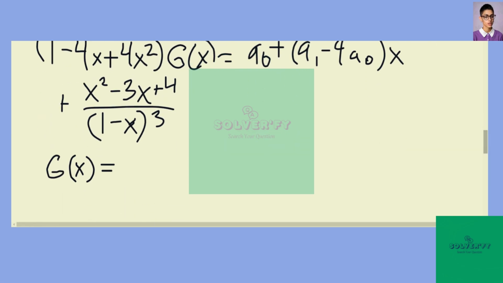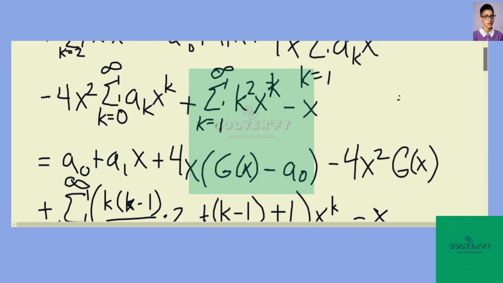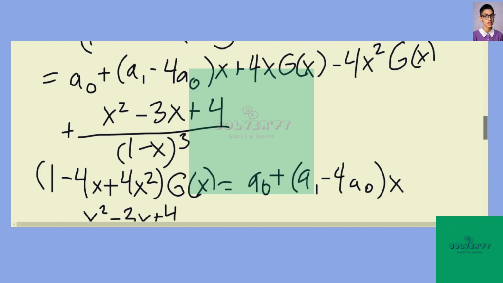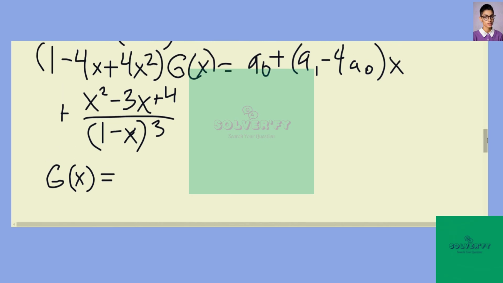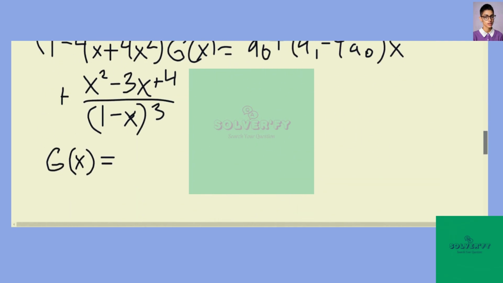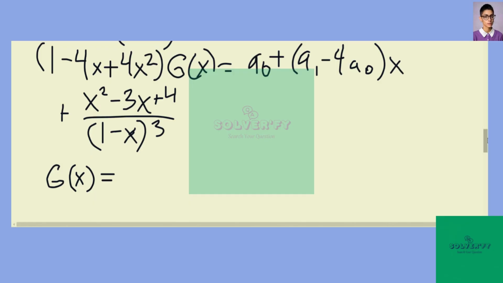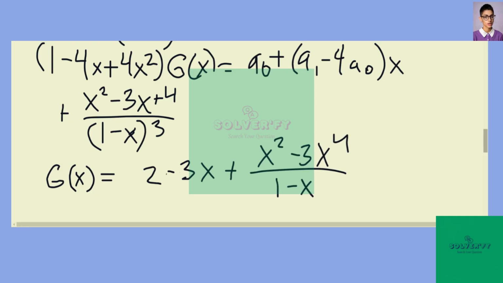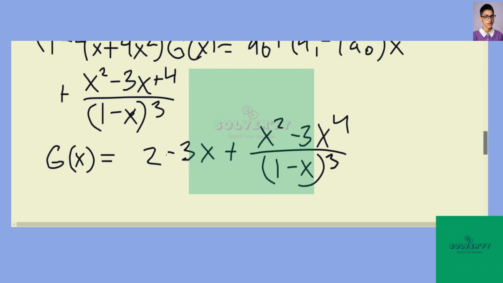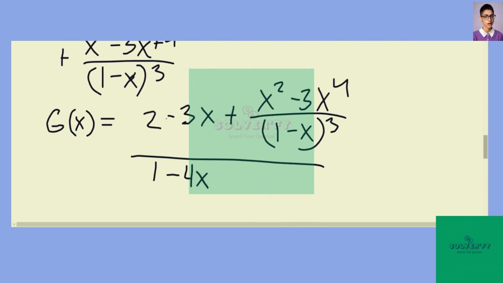And so g of x is equal to, if we plug in a0 and a1, where a0 is 2 and a1 is 5, 2 plus 5 minus 8, which is negative 3x, plus x squared minus 3x to the fourth over 1 minus x cubed, all divided by 1 minus 4x plus 4x squared.